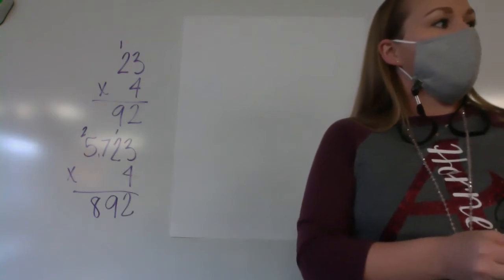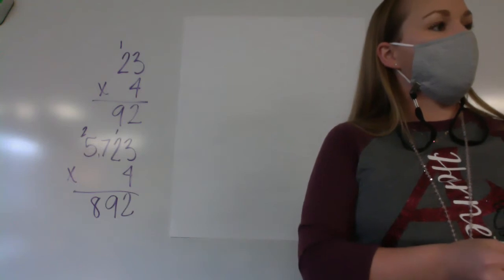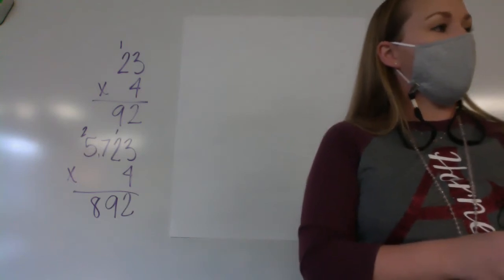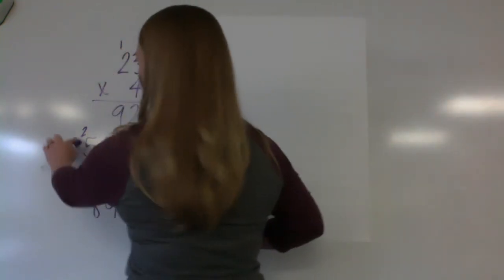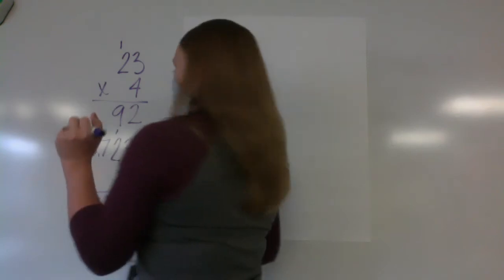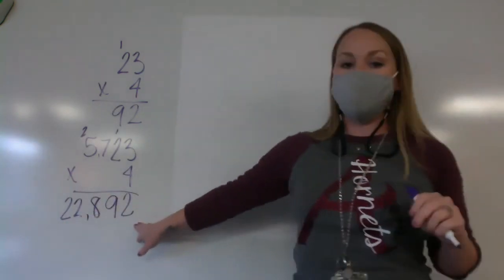Count by 5s. 5, 10, 15, 20. It's 20 plus this 2 is what, y'all? 22. So now you have 22,892.